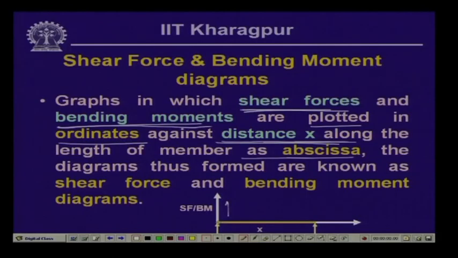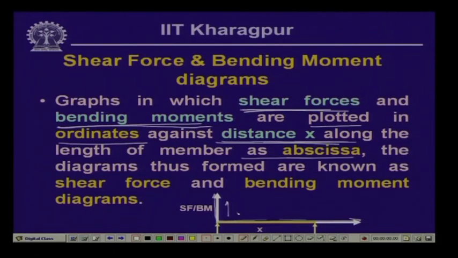Then the graph which we get gives us the plot of the variation of the shear force and the bending moment along the length of the beam, and those graphs we call shear force and bending moment diagrams. So, for convenience, supposing we have a simply supported beam, we choose our coordinate axes in such a way that the abscissa lies along the axis of the beam and the ordinate is perpendicular to the axis of the beam.